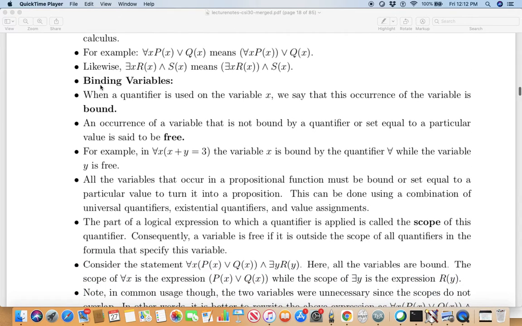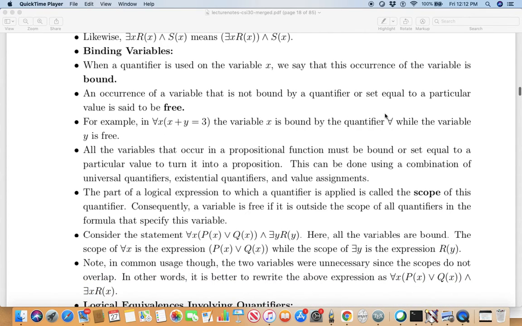Okay. Binding variables. When a quantifier is used on the variable x, we say that this occurrence of the variable is bound. An occurrence of a variable that is not bound by a quantifier or set equal to a particular value is said to be free.